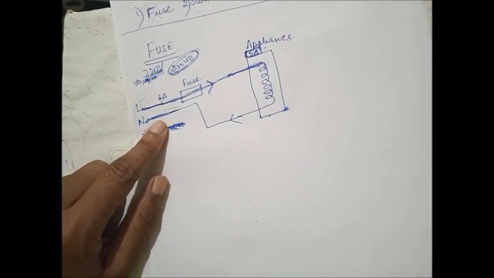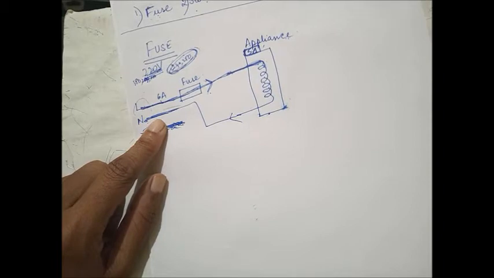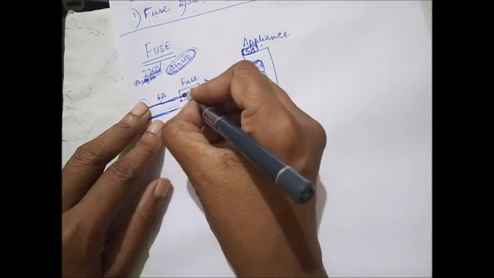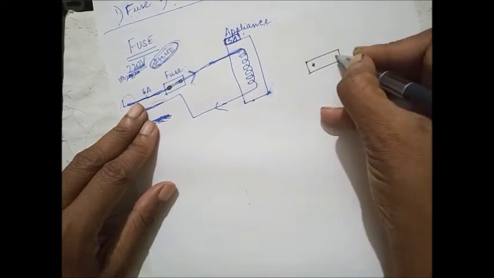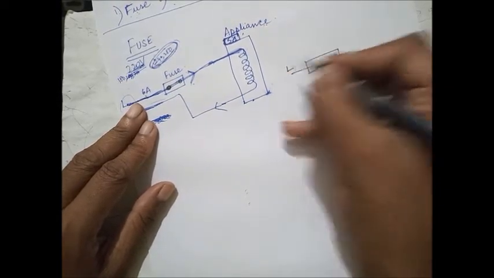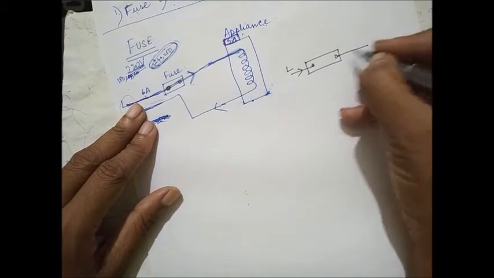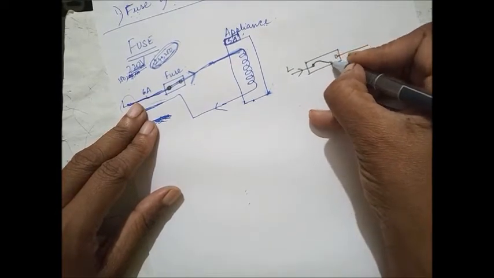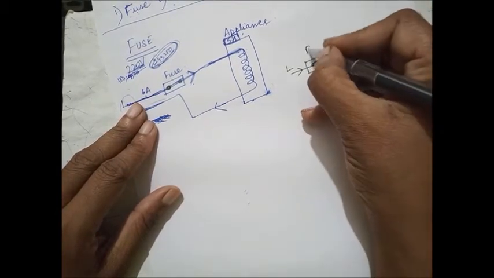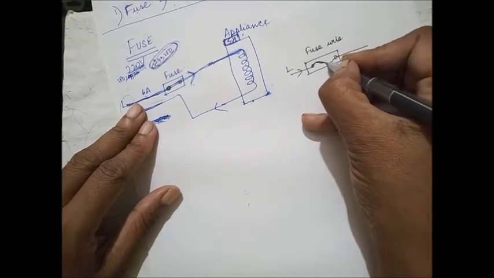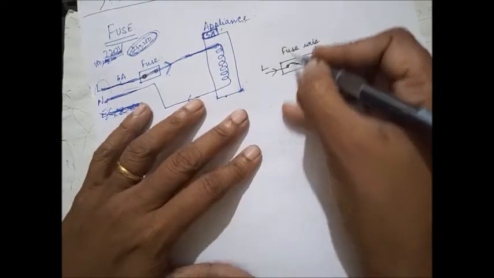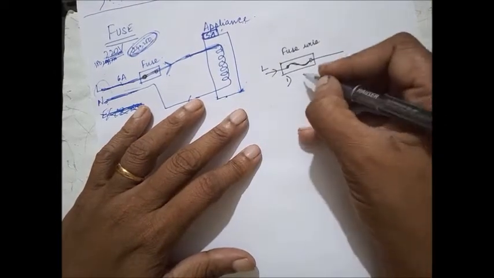Basically what it has is a wire. These are the two terminals, the live wire comes inside and then goes out, and this wire is a different wire called a fuse wire. The fuse has a special wire called fuse wire, and it has two special characteristics.